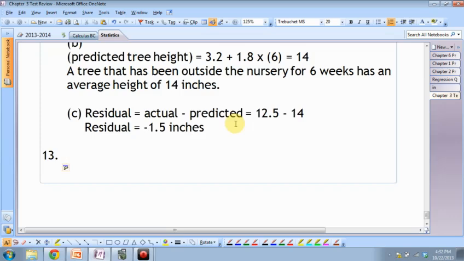13. Oh, this is the last one. An LSRL between train departure time after 5 o'clock and travel time found an R squared of 0.666.